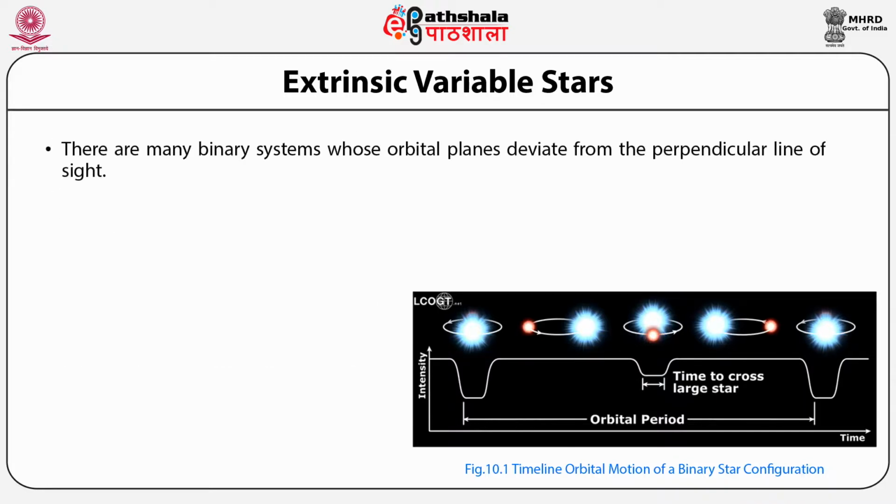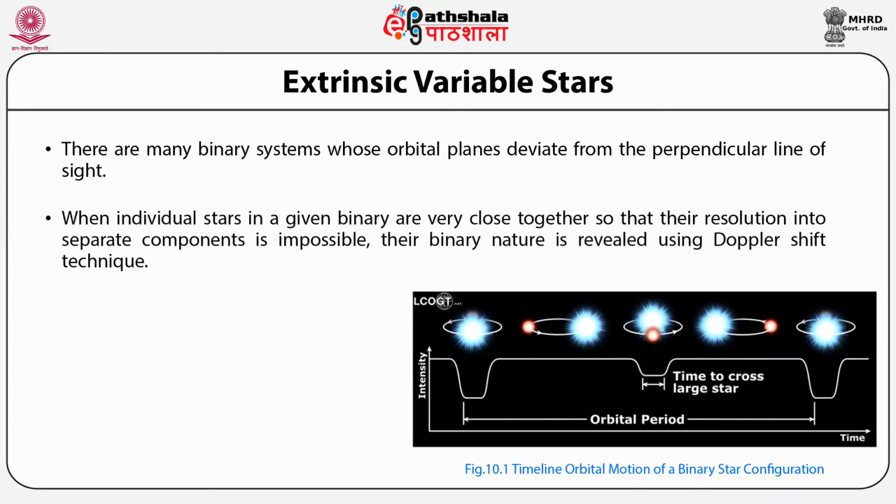There are many binary systems whose orbital planes deviate from the perpendicular line of sight. This deviation in the line of sight makes it possible for the individual members to eclipse each other during the course of their orbital motion. When individual stars in a given binary are very close together so that their resolution into separate components is impossible, their binary nature is revealed using Doppler shift technique.